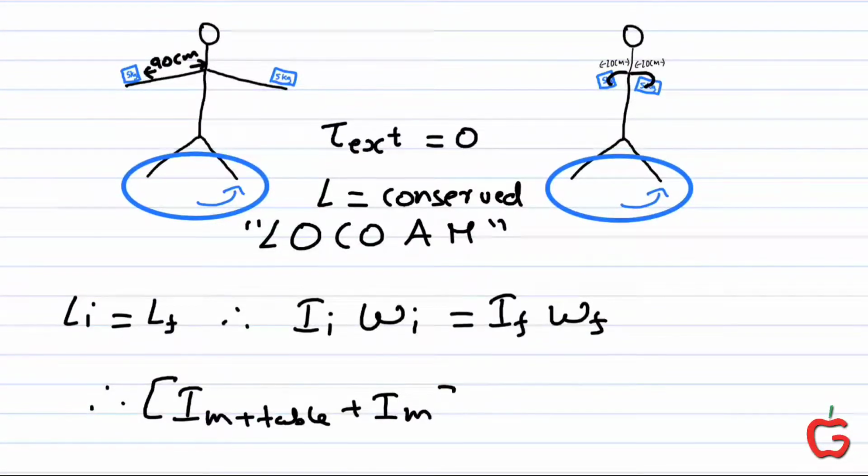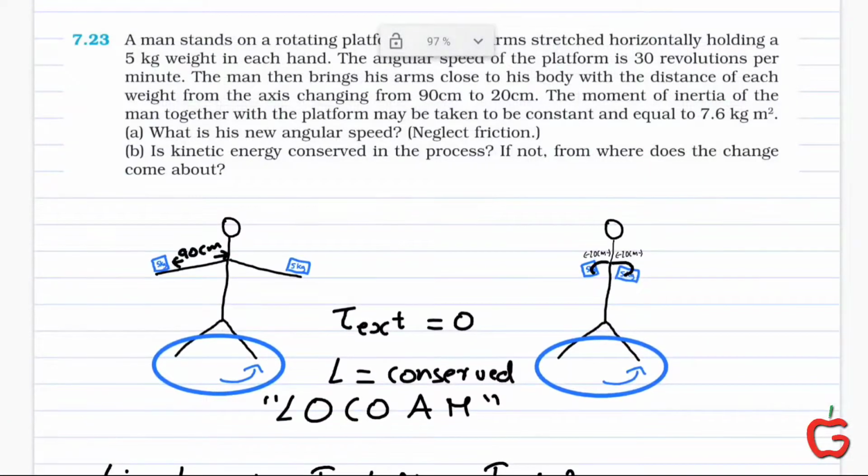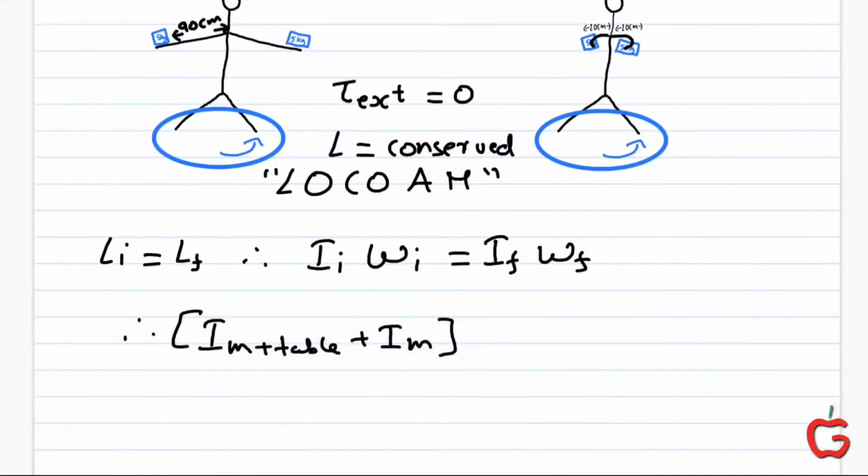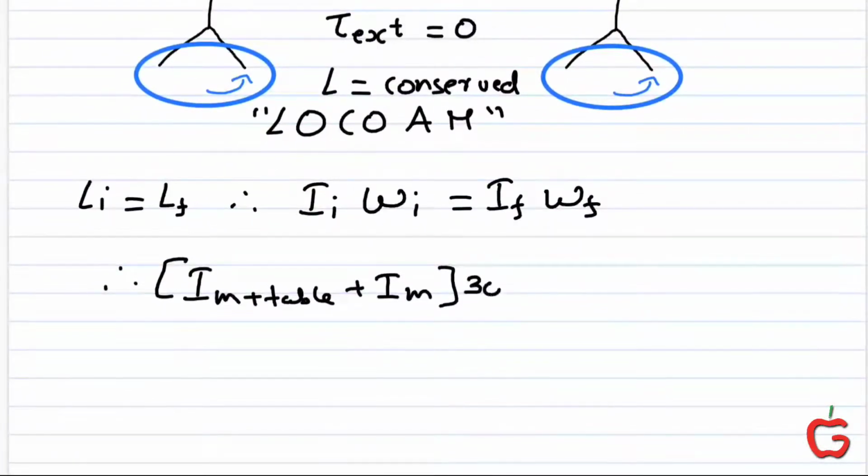The initial angular velocity omega i is given to be 30 revolutions per minute. For right now we are not changing the units. Later, if kinetic energy has to be found, we'll convert revolutions per minute to radians per second.